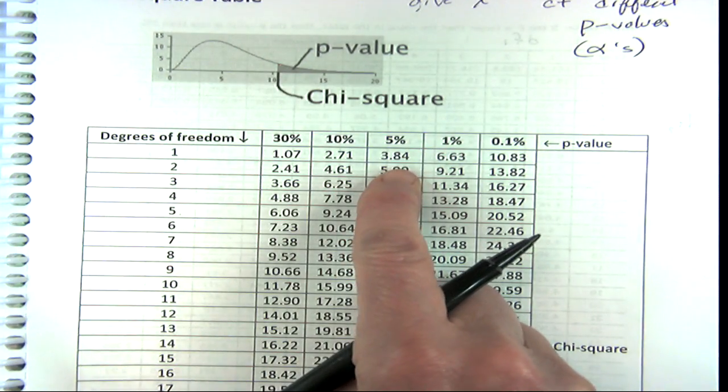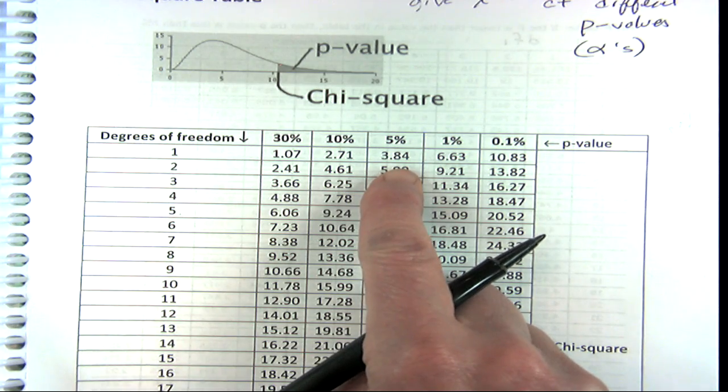We'd have to get more than 3.84 to reject the null.